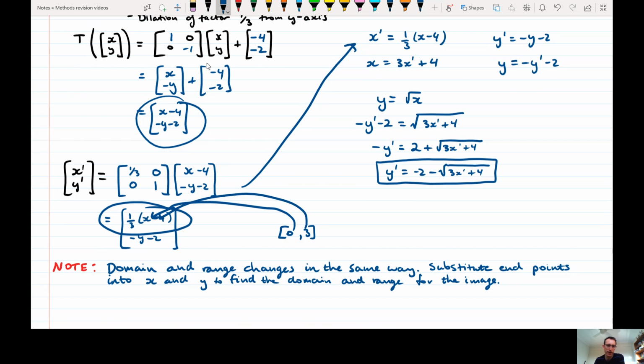And x equals 3 in, and that'll give you the 2 new end values for your domain. And you do the same thing with the y value, you substitute it in. So your domain and range will change as well, and you can use the matrix equation there or the mapping equation to find the new domain and range. But that is how you transform equations using the matrix method.